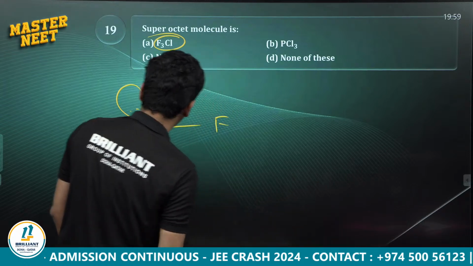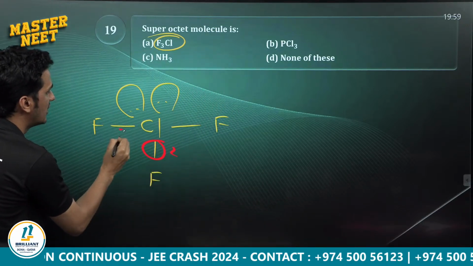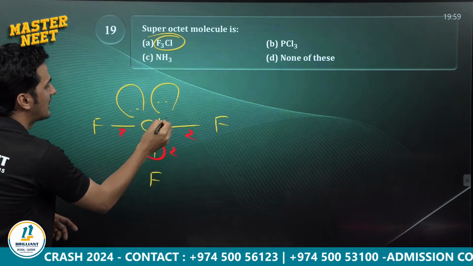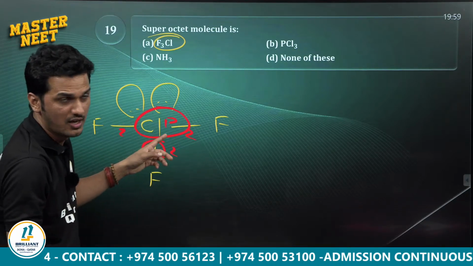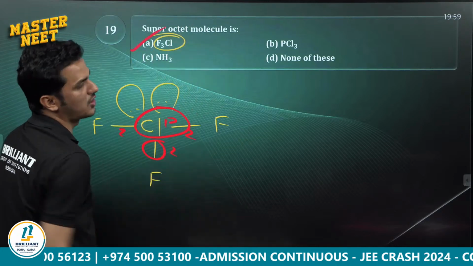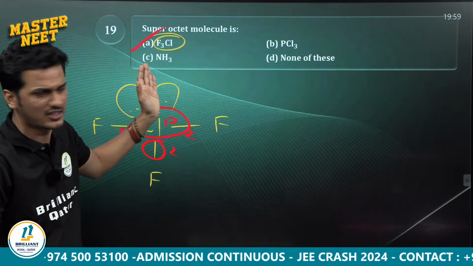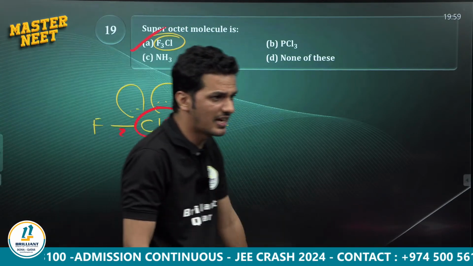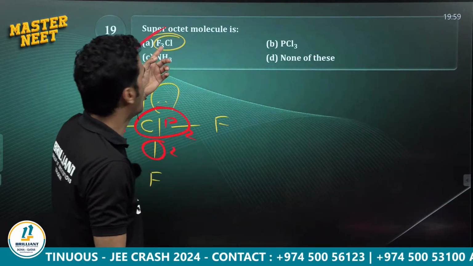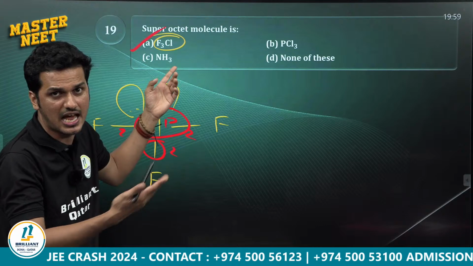In this bond pair 2, in this bond pair 2, 6, and 2 plus 2, 10 electrons are there around chlorine. Automatically it is a super octet molecule. That's it. Not D. How will it be D? ClF3 is the answer.